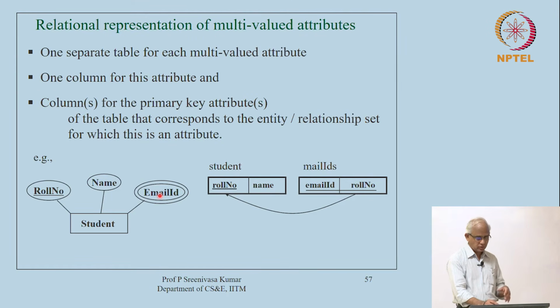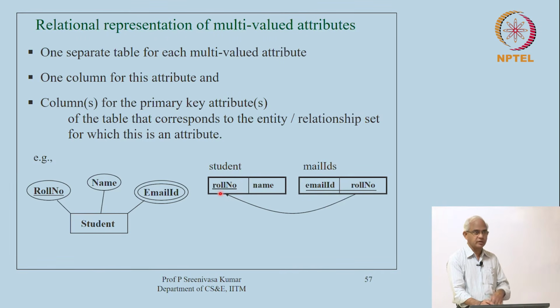Okay. And so, what happens here is that we need to introduce a separate table for each of the multi-valued attributes that the entity has. So, let us take just one example here, email ID. We will do this after the entities have been mapped into tables. Right now student has already been mapped and it does not have the multi-valued attribute. That is why we did not mention the multi-valued attribute when we were mapping.